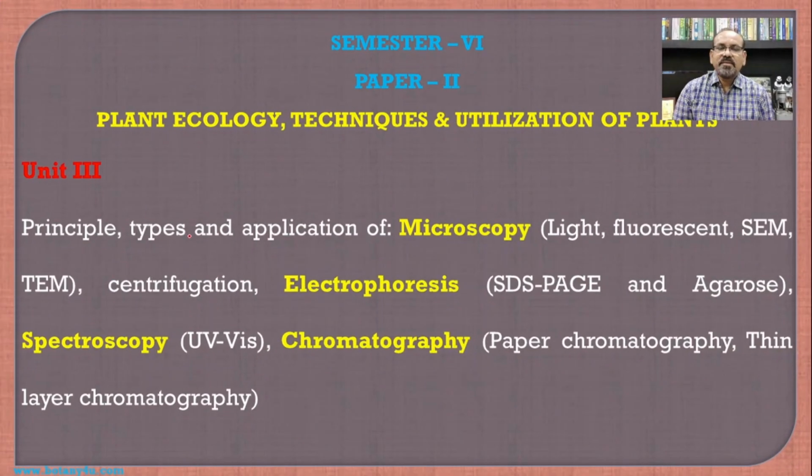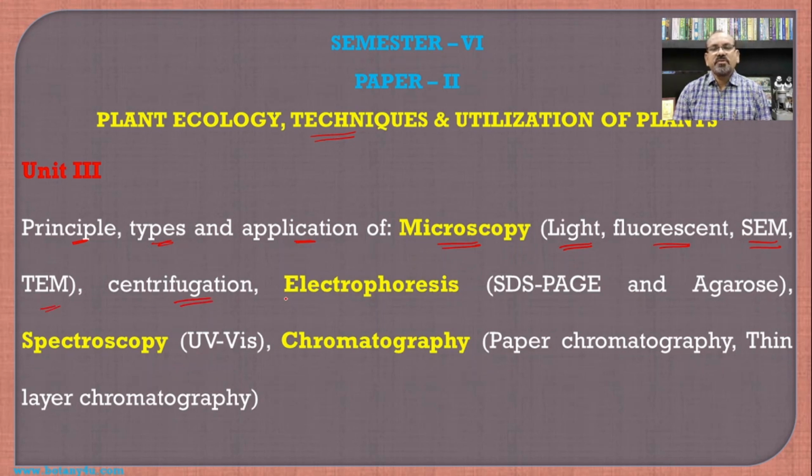In this unit, that is the third unit, there are different topics from the techniques in biology or the life sciences. This includes principle, types and application of microscopy, that is light microscopy, fluorescent microscopy, transmission electron microscopy and scanning electron microscopy.